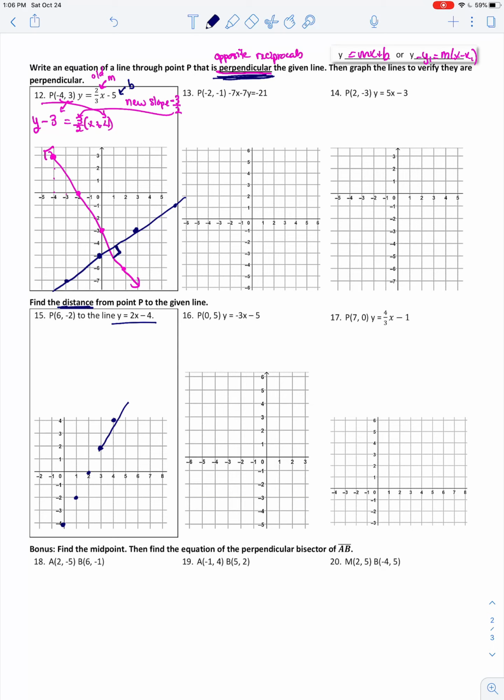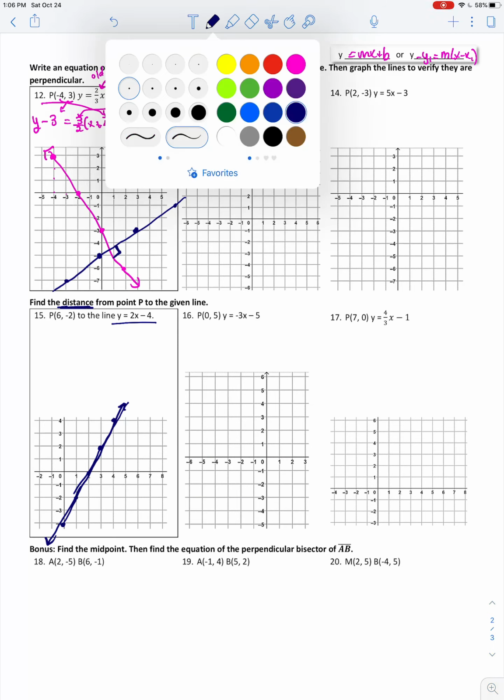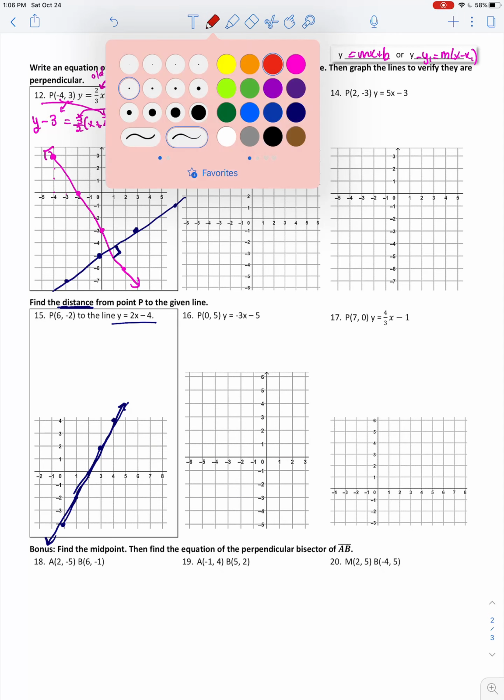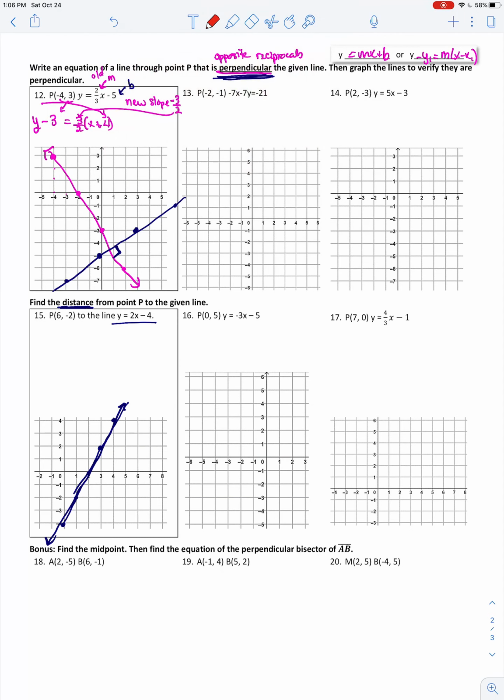So here is our line. And we want to know how far away from this line is point P. So point P is at 6, -2. And we want to know how far is it from point P to this line.